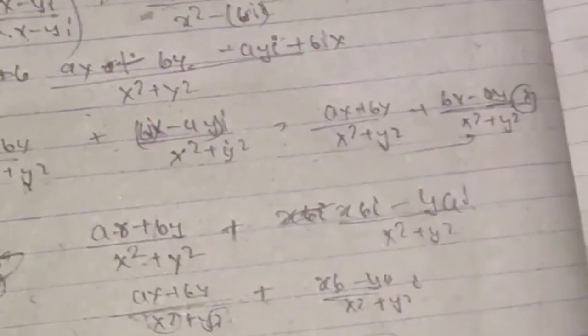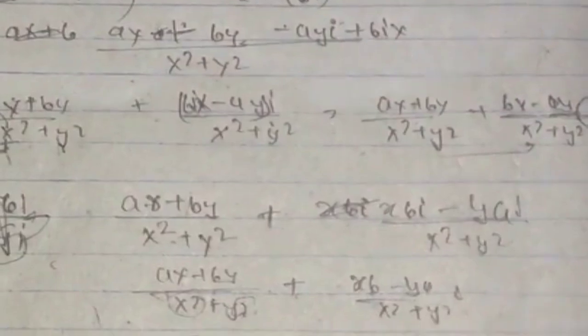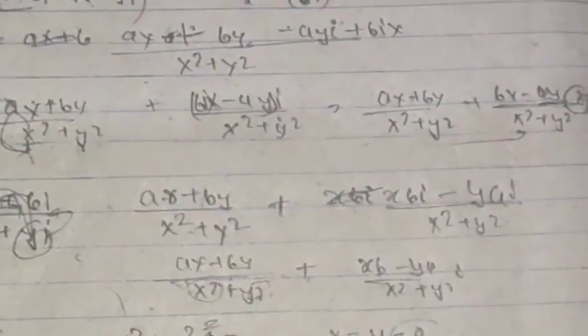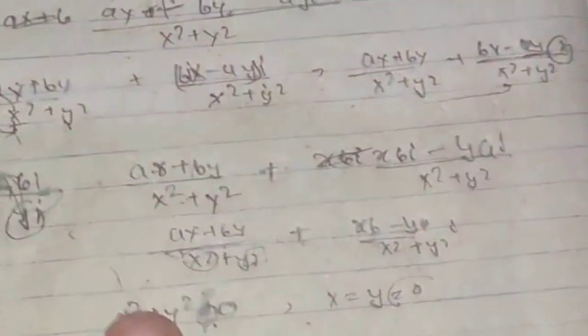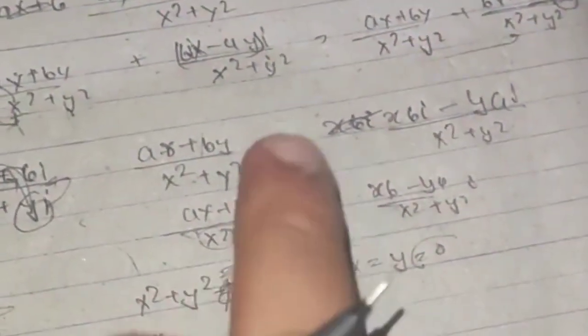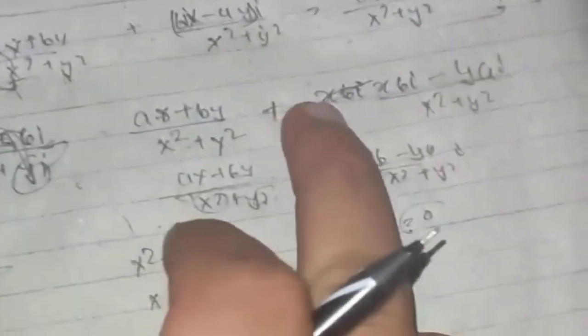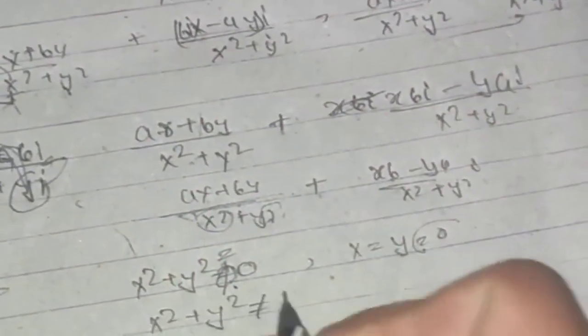Why not allowed, if we have time. Okay, here it means if this is 0, division is not allowed. So except 0, the complex number is divisible by all numbers. And also, to allow the division of two complex numbers and find a new complex number, x square plus y square must not be equal to 0.